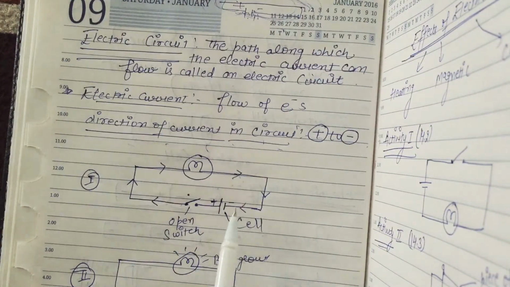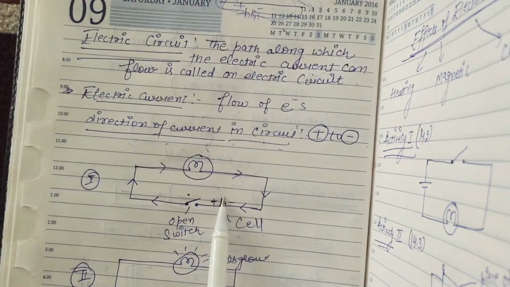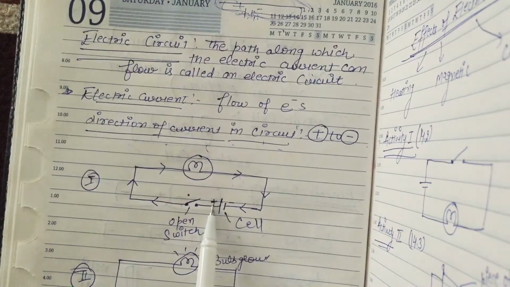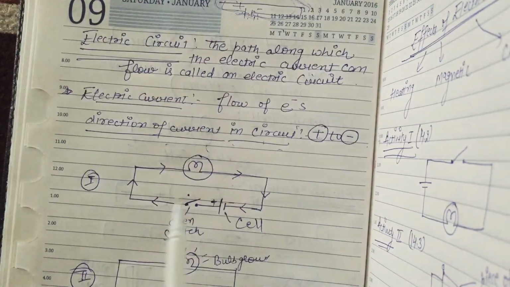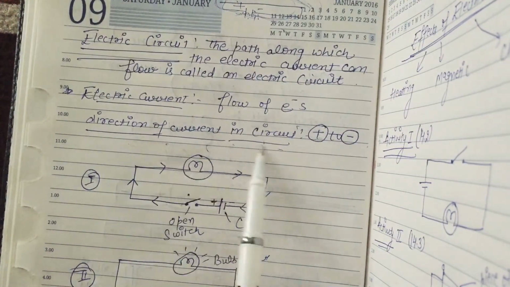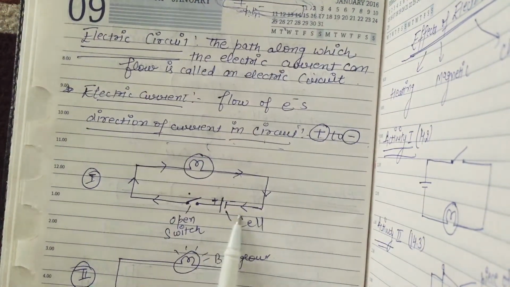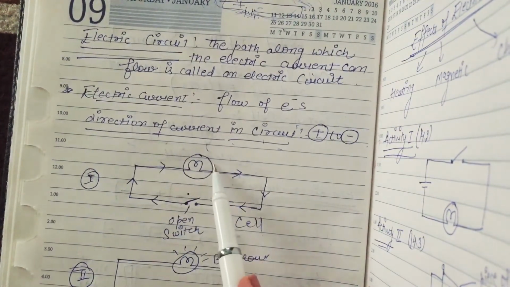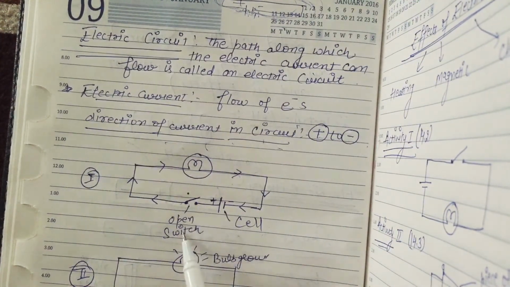We have used a cell. The longer line, you already know, represents the positive terminal of the cell and the shorter line represents the negative terminal of the cell, and these arrows represent the direction of the current in the circuit. Okay, so now in this case the bulb is not glowing because our switch is in off position, it is open.